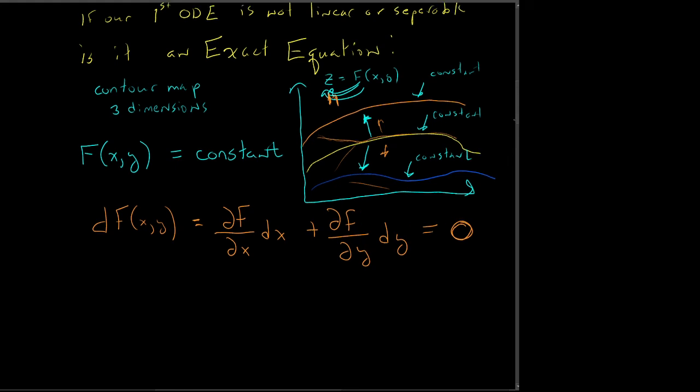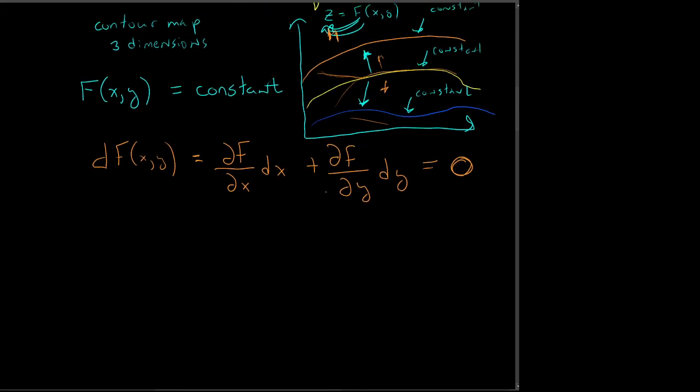Alright, so let's rearrange what this is into something that's useful for us. So I'm going to subtract from both sides. So df/dx is going to equal negative df partial in y dy. Alright, so I pulled it over to the other side.